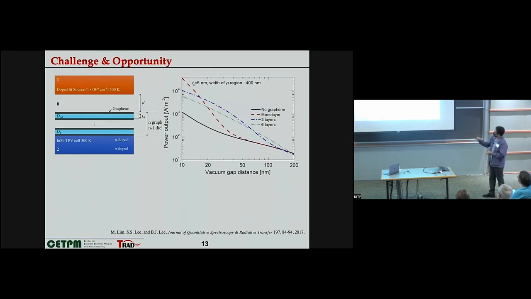Instead of using monolayer graphene, we use multilayer graphene, to introduce many interfaces for coupled plasmons. And the idea works to some extent. Initially, monolayer graphene enhanced the power output to about 50 nanometers, but we can extend it to around 100 nanometers. So basically, the idea works.